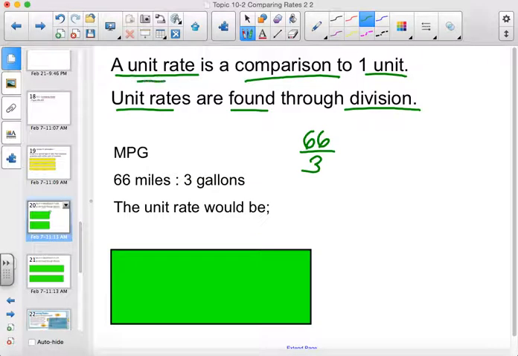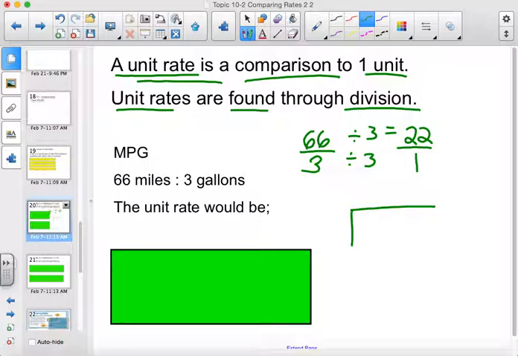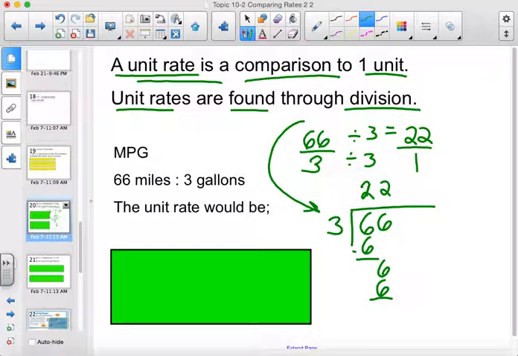If we wanted to come up with a unit rate, we could do it two ways. We could create equivalent ratios and do the division through this method, and we would get 22 to 1. Or we could remember that we are actually dealing with a division expression and put our 66 in there as the dividend and 3 as our divisor, and divide using the traditional algorithm and come up with the same exact numbers.